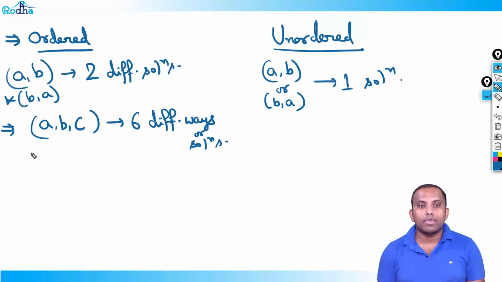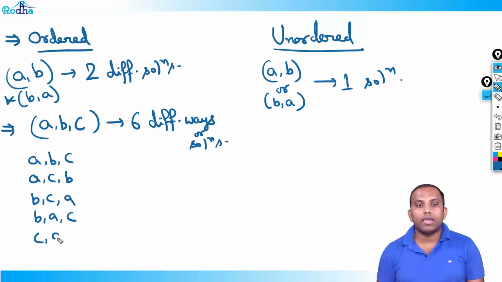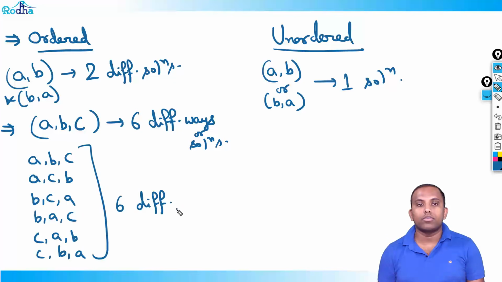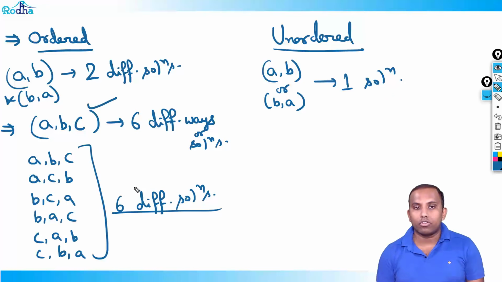For three: ABC, ACB, BCA, BAC, CAB, and CBA. There are 6 different solutions.